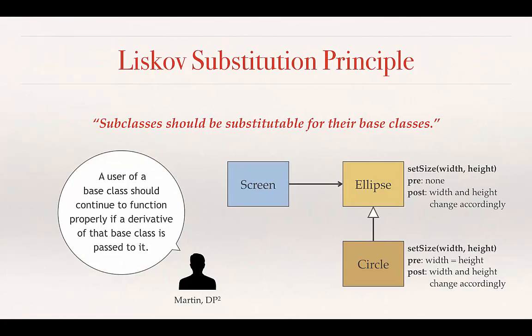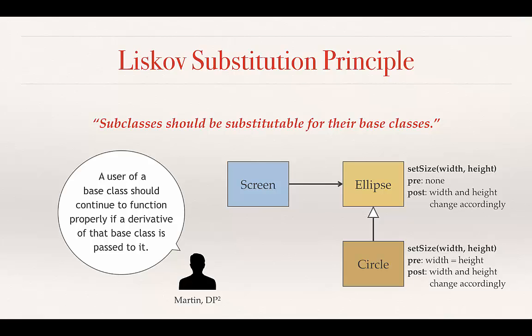So what's the problem? Well, now suppose we have a screen class that uses an ellipse object. At some point, the rectangular screen changes the size of the ellipse to match its width and height. Let's say that the screen's width is 640 and its height is 480.